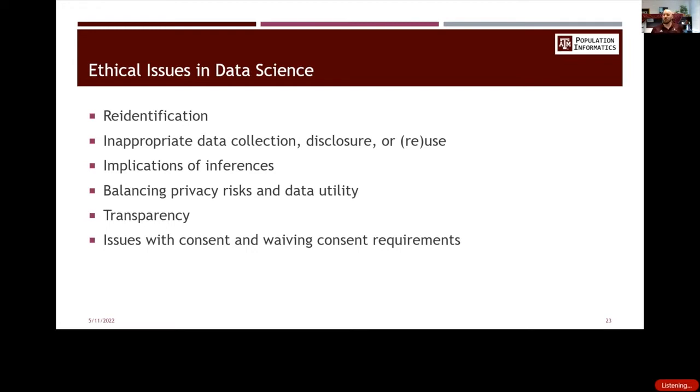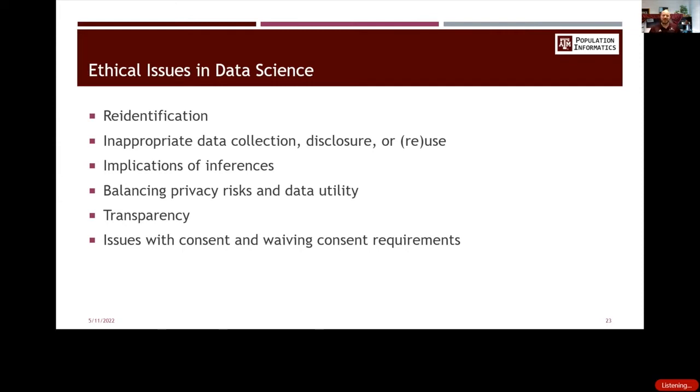Another really important ethical issue, particularly in data science, is transparency. If you are using secondary data, it means that you are using data that you yourself as a researcher weren't there to collect. So you don't have a relationship with the data subjects. You have not provided them with transparency about what your intentions are.